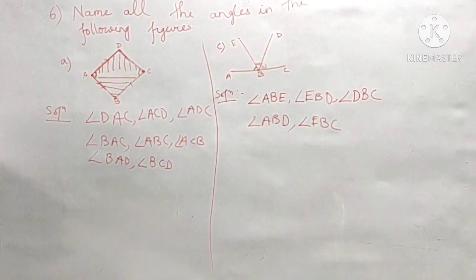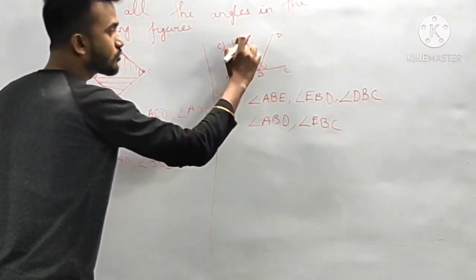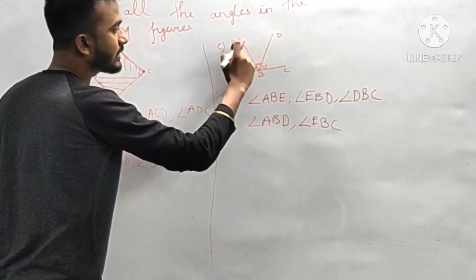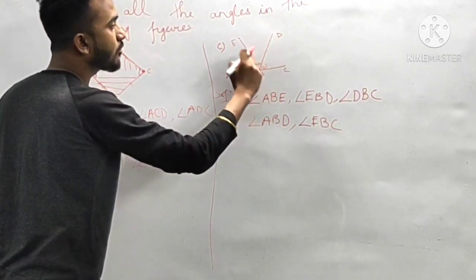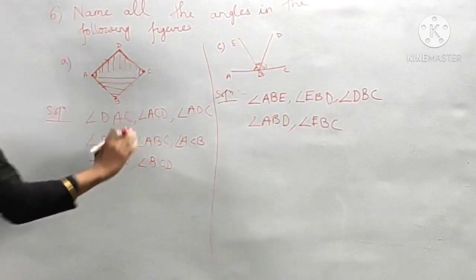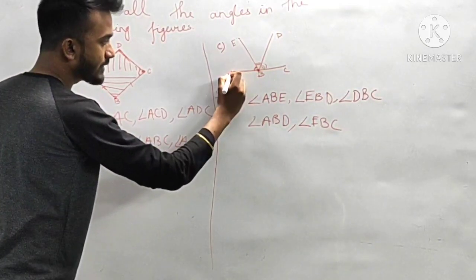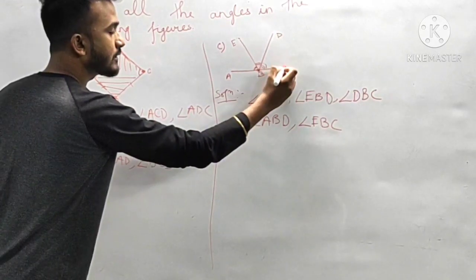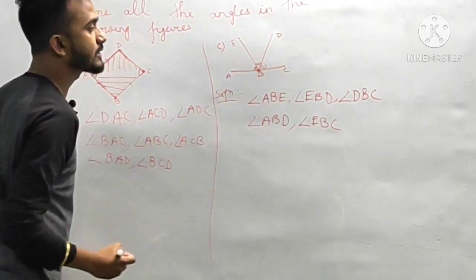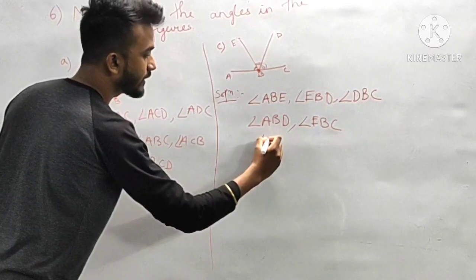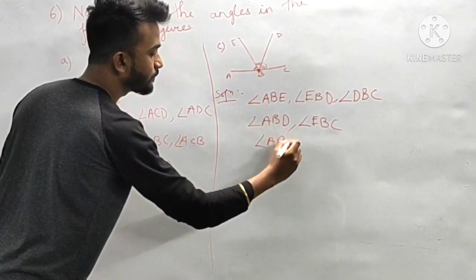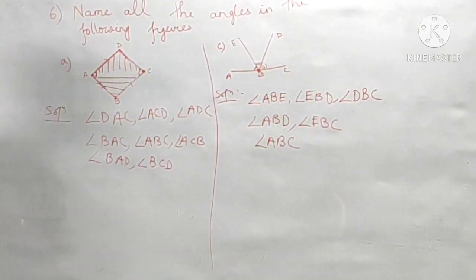So we think that only these angles are present. One more angle I can see. Just think that these two arms, EB and BD, are not present here. They have just vanished. So there will be one more angle. You see, BA is one arm, BC is another arm, and B is the vertex here. So can it be one more angle, angle ABC, isn't it?